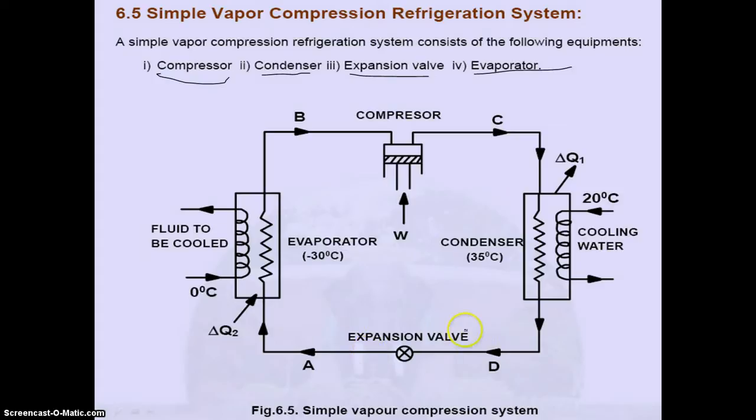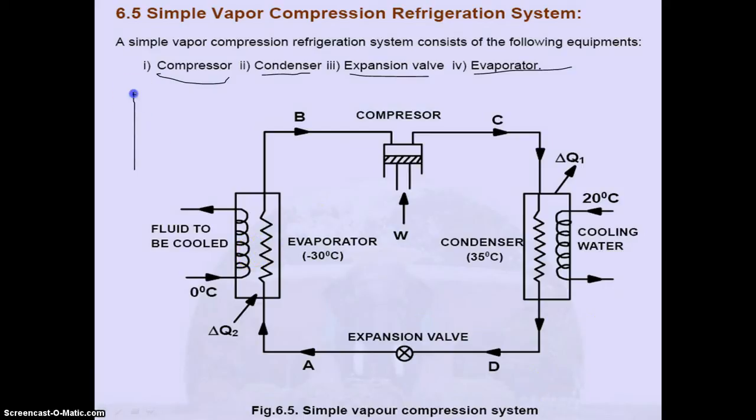So this is an irreversible device in which the enthalpy is the same at the inlet and outlet. After the expansion valve, the low pressure liquid refrigerant and a very small amount of vapor enter the evaporator. Again this cycle continuously runs to cool this space.